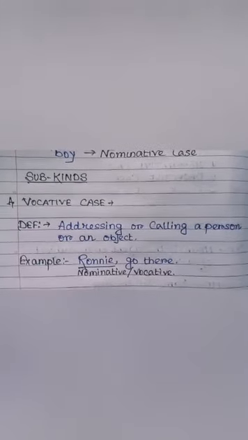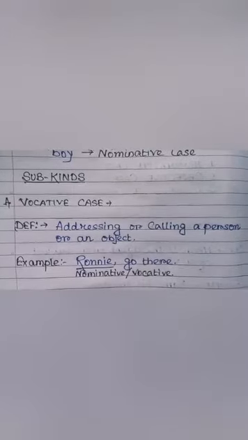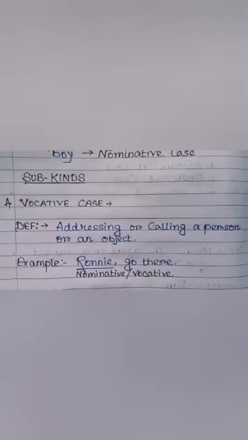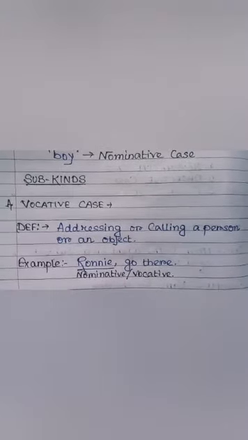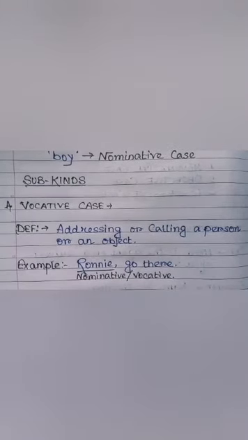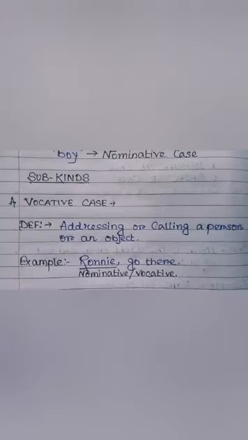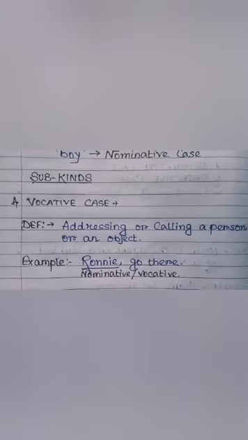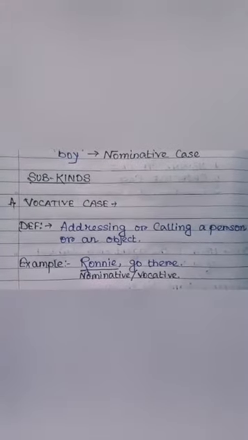This case will be calling, addressing somebody. For example, Ronnie, go there. So we are addressing, we are calling Ronnie. So in this case, Ronnie is an example of vocative case.